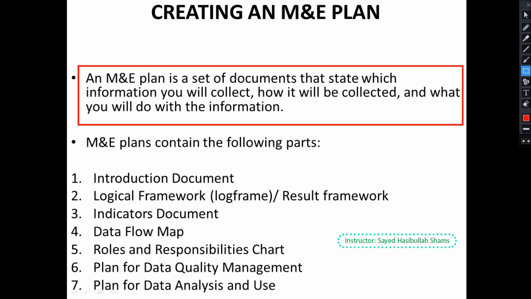M&E plan contains the following parts. The first one is the introduction document. The introduction document describes the organization and the project goals and plan. The second part of the M&E plan is the logical framework or result framework.